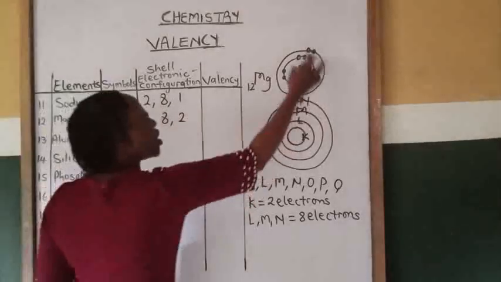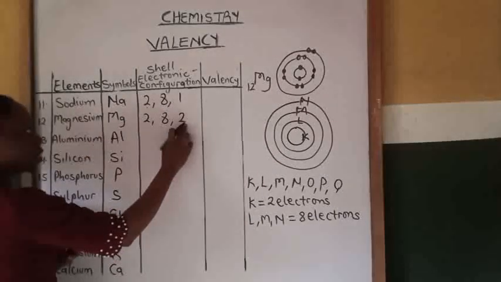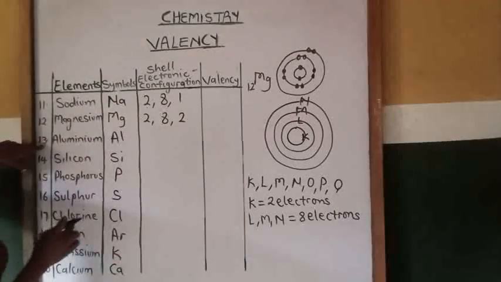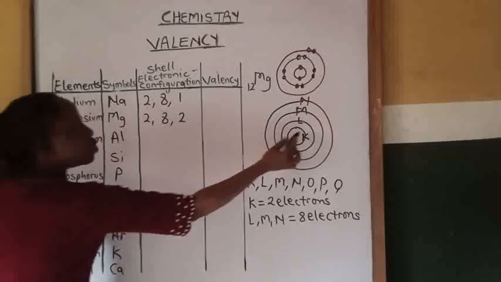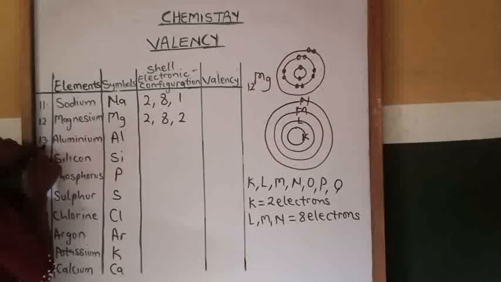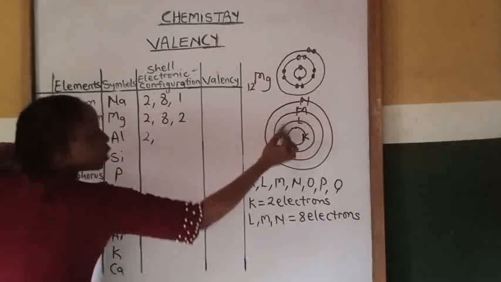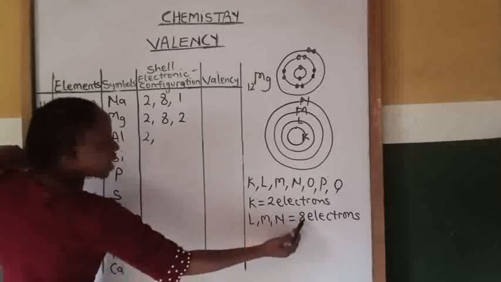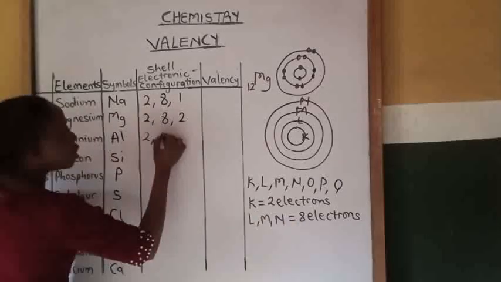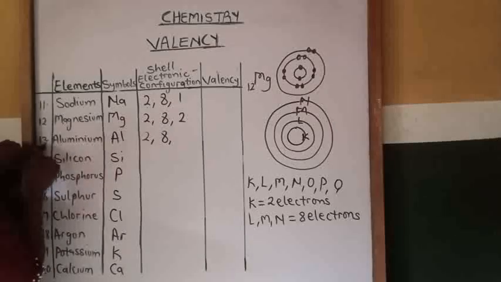So instead of drawing the electronic shell in this form, I'm going to use this ratio method for aluminium. For aluminium, the first shell will take 2 out of 13 electrons. Then the second shell will take 8, since L will take a maximum of 8 electrons. That gives 2, 8, and out of 13 electrons, 3 will remain.